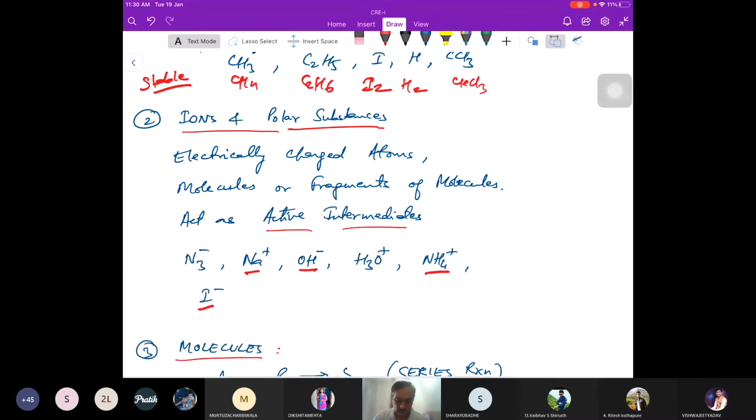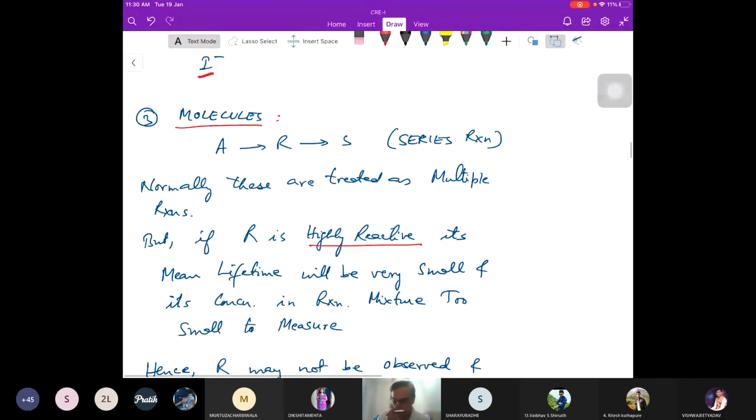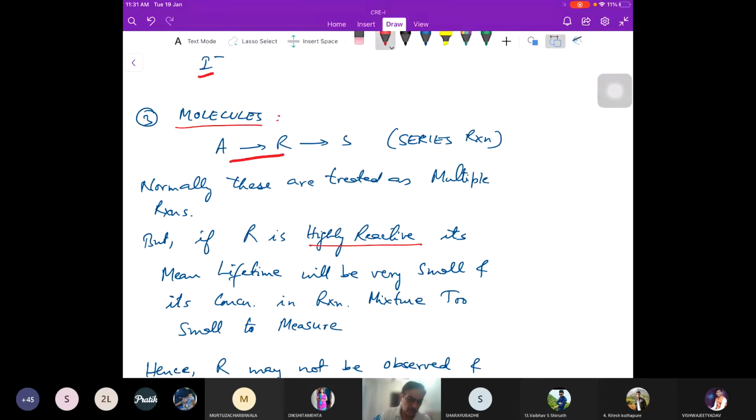ठीक है? And third intermediate is molecules. जो हमने देखा था types of reactions में series reactions, parallel reactions. So if you look at a series reaction, A goes to R goes to S, or A forms R, which forms S. Normally these are treated as multiple reactions. That means we treat this as one reaction, and this is second reaction.